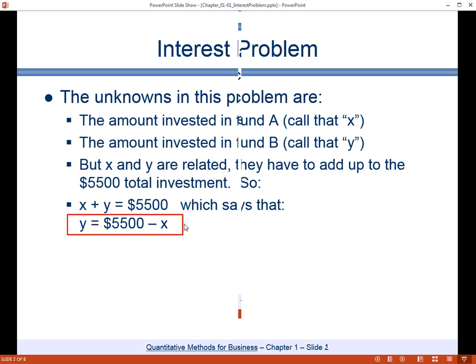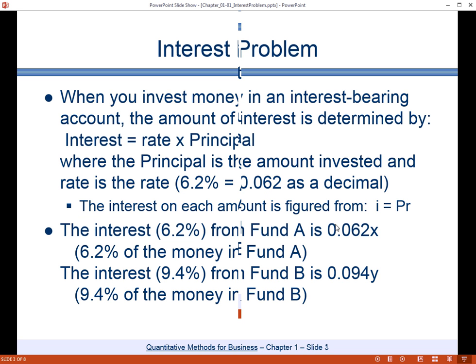We can use that to come up with a substitution for Y in terms of X. And we also know that the two interest values that need to add up to $446.60 are going to come from 0.062 times X plus 0.094 times Y. Okay, this is the total interest between the two funds, and again, the problem tells us that the sum of these two comes out to $446.60.